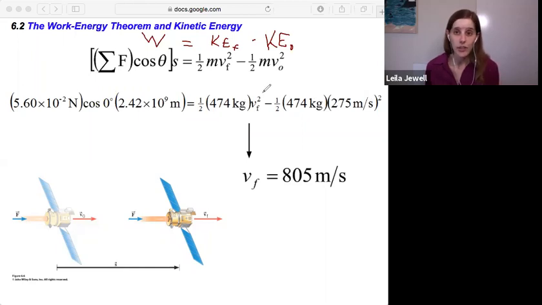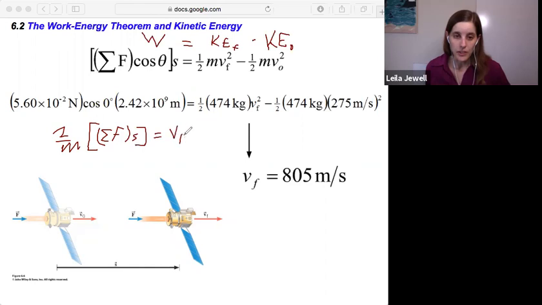And if you're comfortable with it, you can just plug in numbers and combine numbers together to get the right answer. You can also work in terms of symbols and rearrange it to solve for v final. That can be a really good practice. To do that, I would probably first multiply by 2 over m, so that you have 2 divided by m times the work, so the net force times the displacement, since cosine of 0 is just 1, and that is equal to the final velocity squared minus the initial velocity squared.